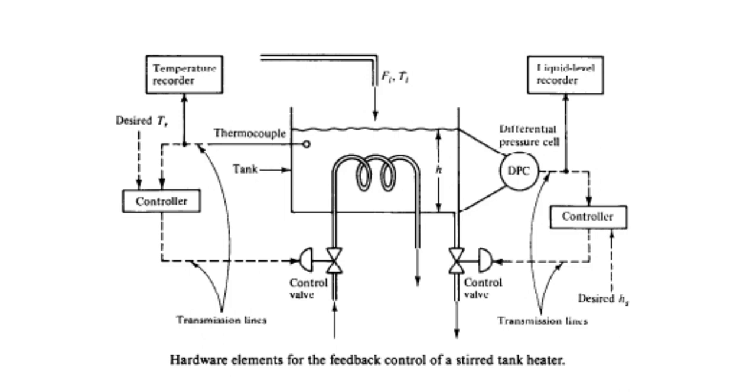Now that signal goes into the controller. We have already set the desired value, that is HS. Then the controller decides some action. Now that action is implemented by the control valve, which is there at the outlet. So the transmission lines are basically the signal carriers, which carry the signal from the measured value towards the controller and from the controller towards the control valve.